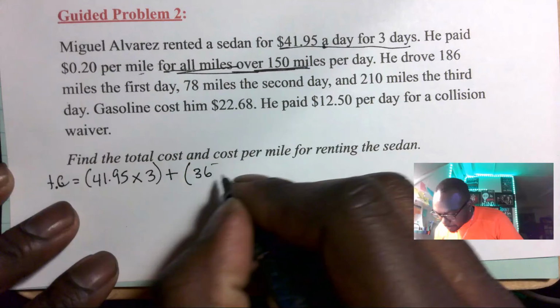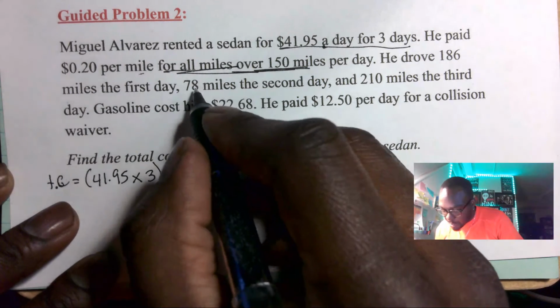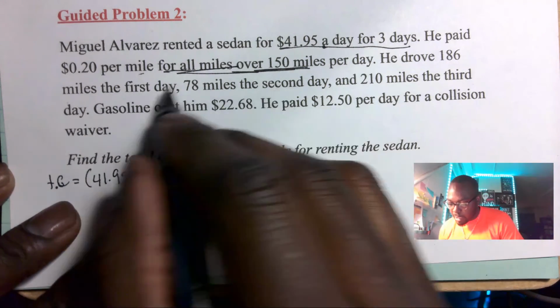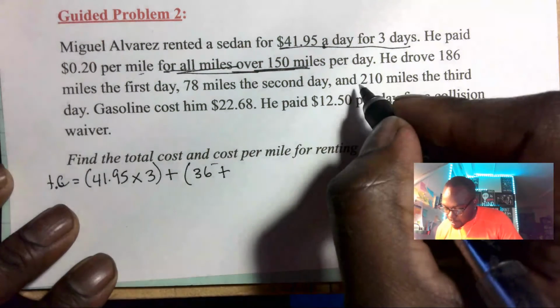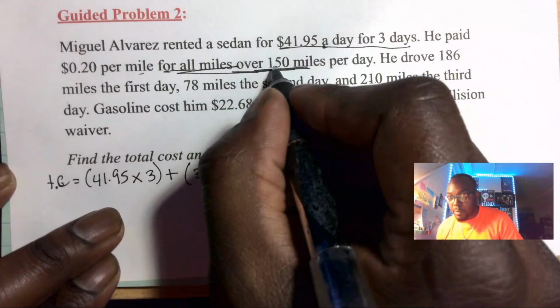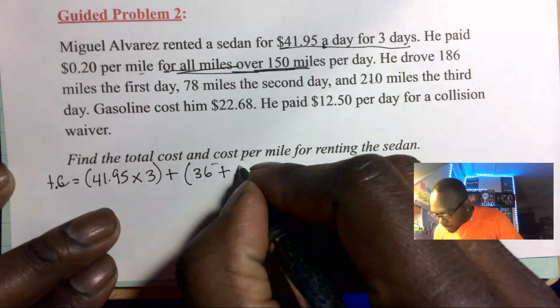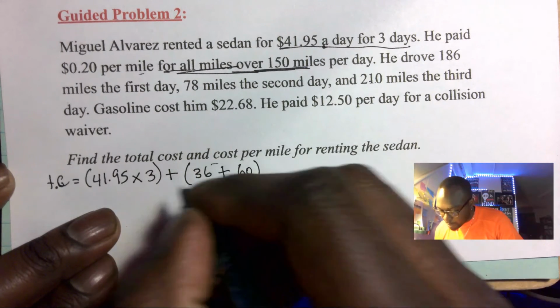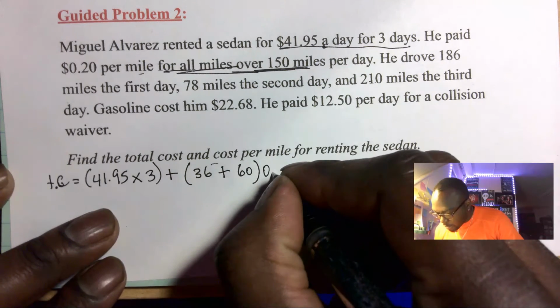Plus, on the second day he drove 78, so we're not doing any calculation on that. The third day he drove 210, so this is going to be 60 over the 150 miles. And for this, I'm multiplying by 20 cents.